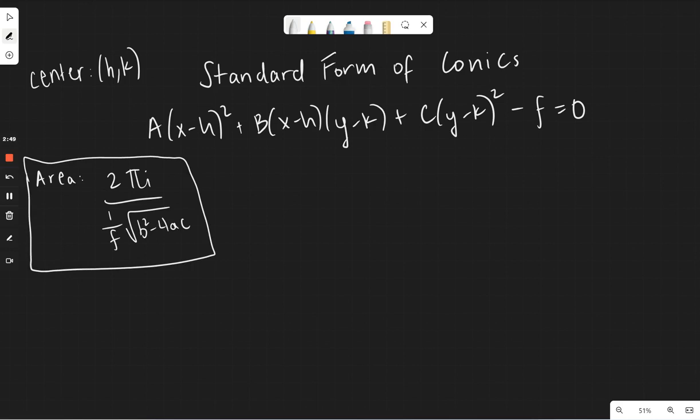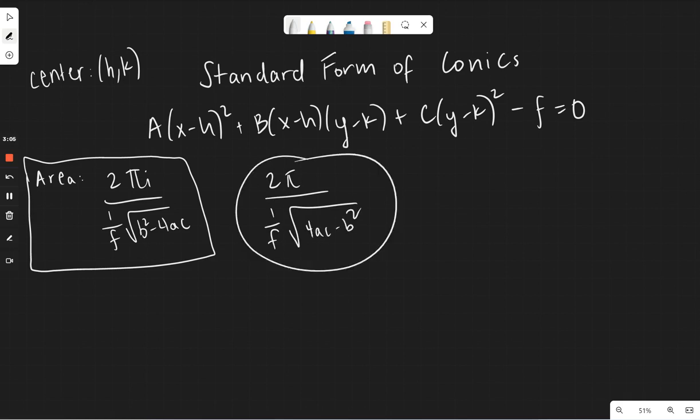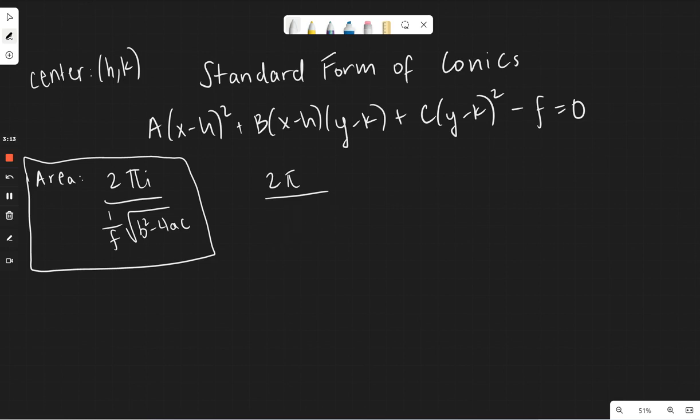Sometimes, instead of having the i, because this will always be imaginary, I've also seen it written as 2 pi over 1 over f square root of 4ac minus b squared, because then you eliminate the imaginary square root, and so you don't need the i at the top. But the one on the left is what I usually see, so I'm going to leave it as that.